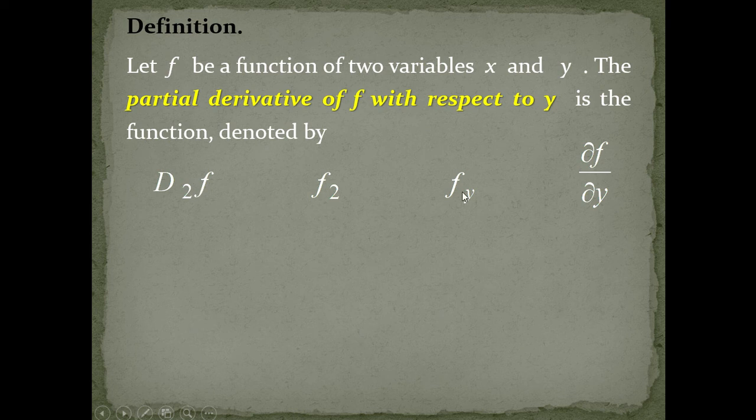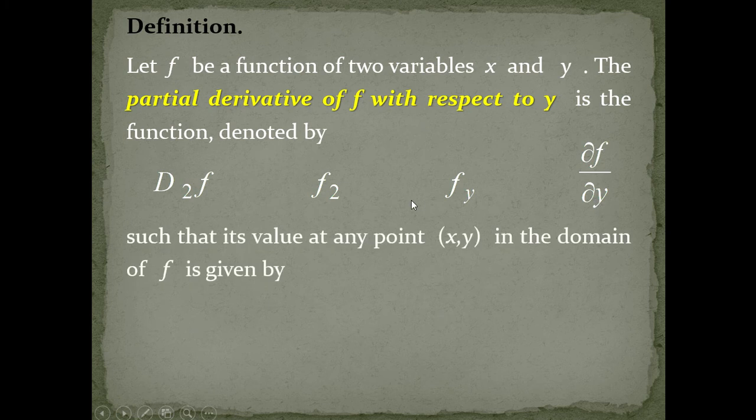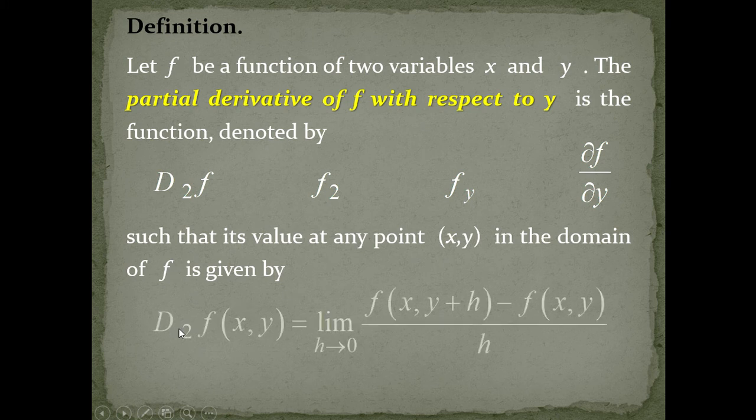All right, so we have d2f, f sub y, d sub 2f, or partial derivative of f with respect to y, such that its value at any point x, y in the domain of f is given by this.